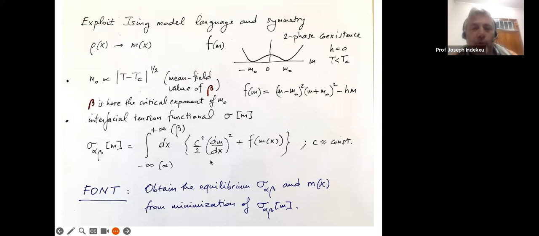It may have some dependence on temperature. It may also have some very subtle singular behavior near the critical point, but we will ignore that. So this is a contribution that penalizes inhomogeneities, spatial inhomogeneities of the profile. And think of it as coming from the attractive interactions between molecules, or perhaps the energies of alignment of spins in an Ising model.